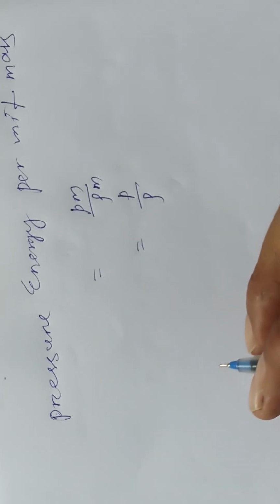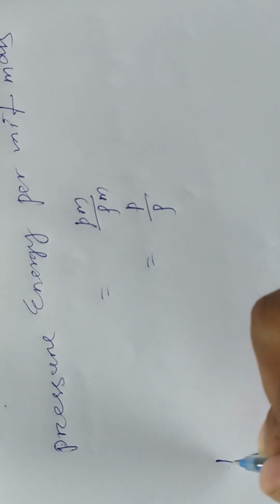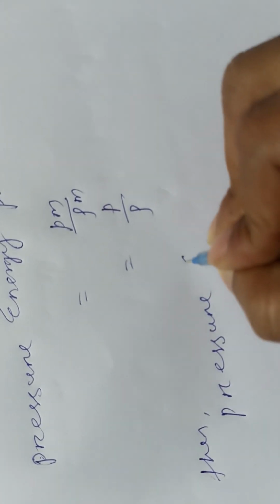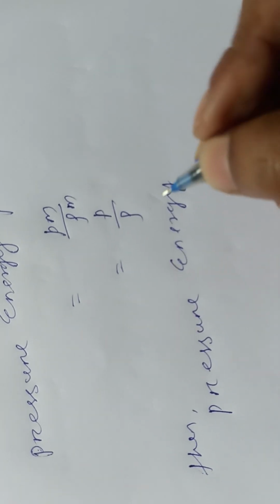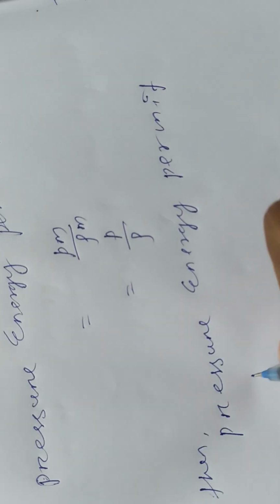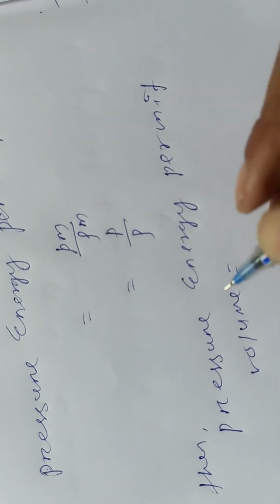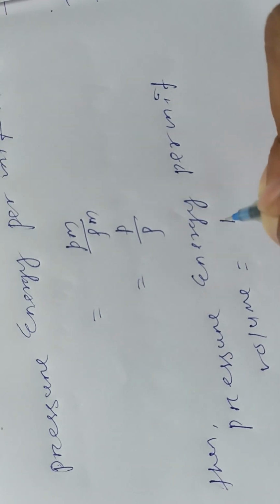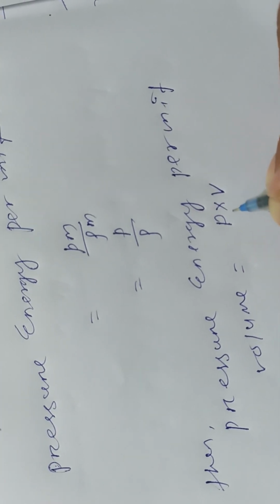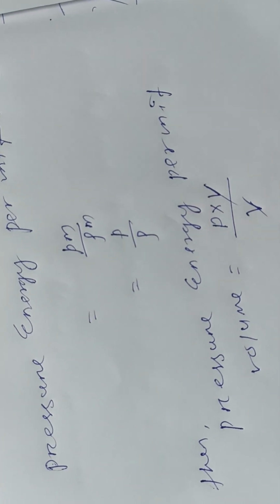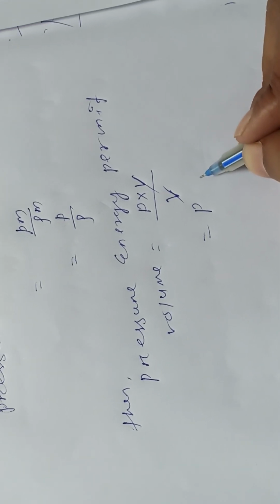Then pressure energy per unit volume is pressure energy P V by V, V cancels, so this is P. This is the pressure energy per unit volume.